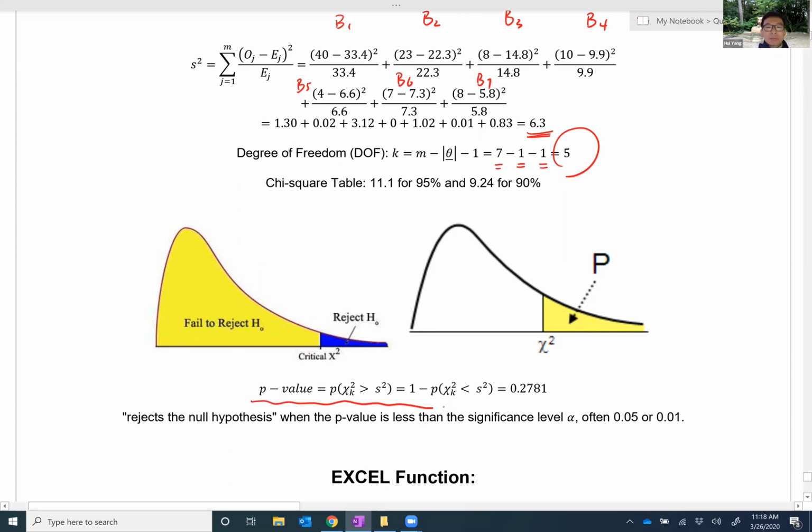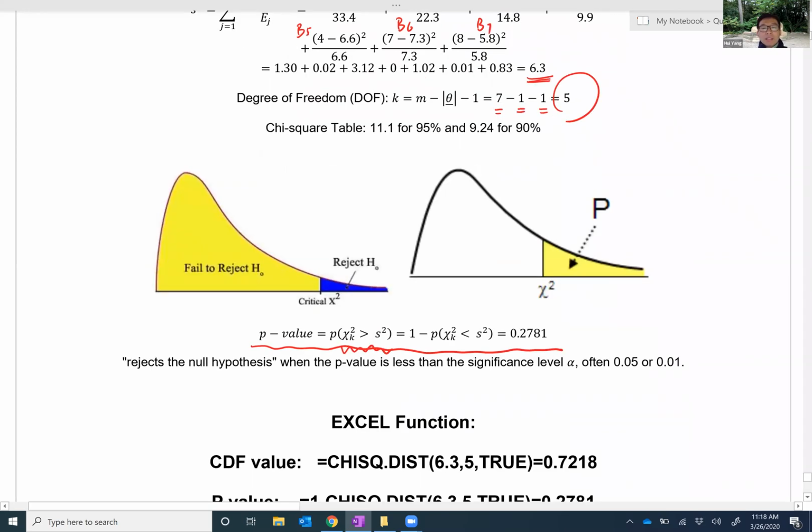P-value equals the probability that chi square with K degrees of freedom is greater than S square, equals 1 minus, right? If our S square is here, then this part will be our p-value, okay?